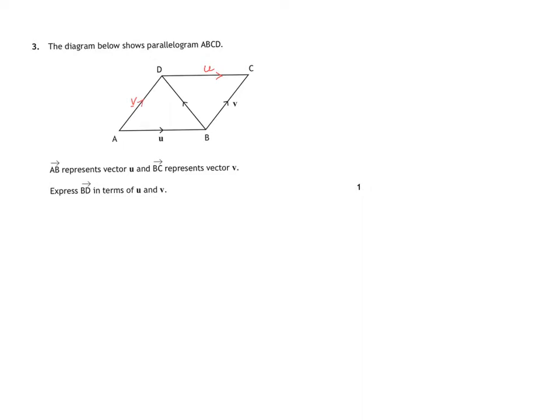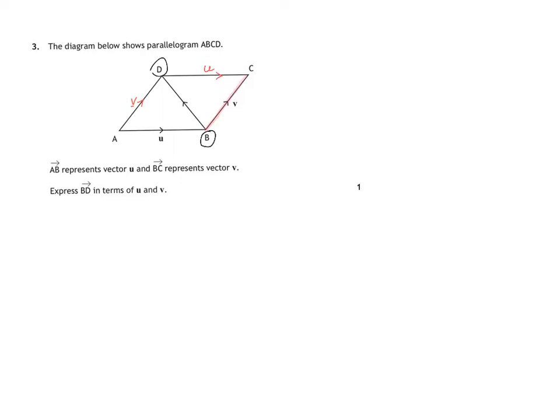So we have to express how to get from here to here in terms of v and u. There are different ways we can do it, either is okay. If we follow the path of that vector, to go from B to D we're going to have to go the long route, along here.